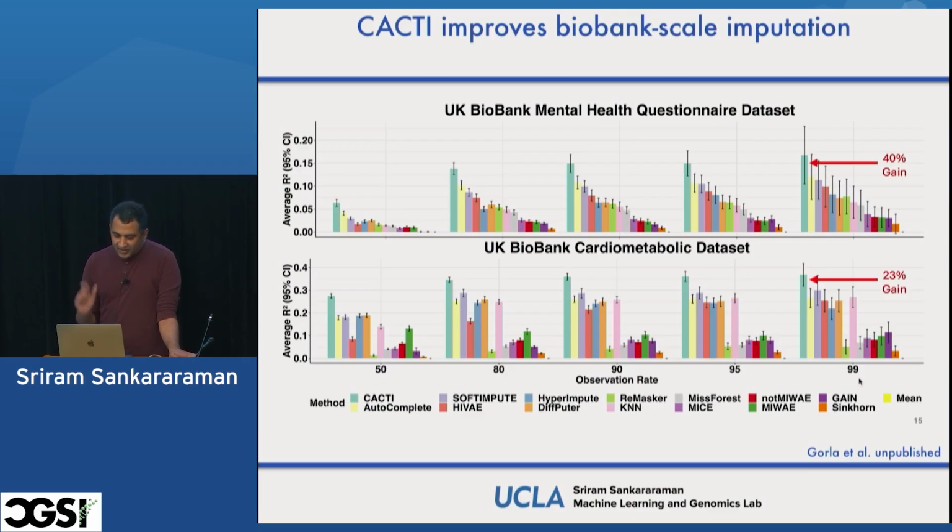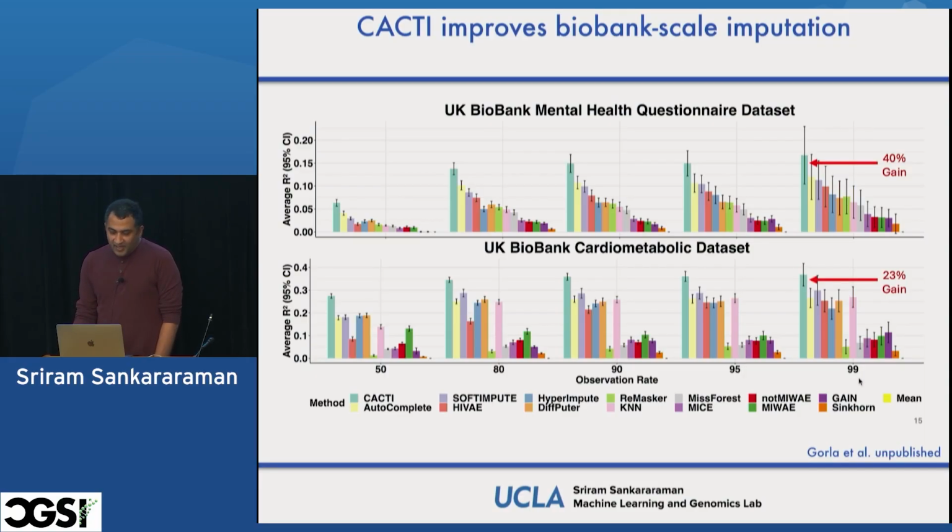And there is an interesting experimental observation here. When we look at the ML benchmarking datasets, and the other approaches, the rankings of these approaches is quite different compared to the ranking on these biobank datasets. And we think that is reflective of the fact that these datasets have very different properties in terms of missingness.